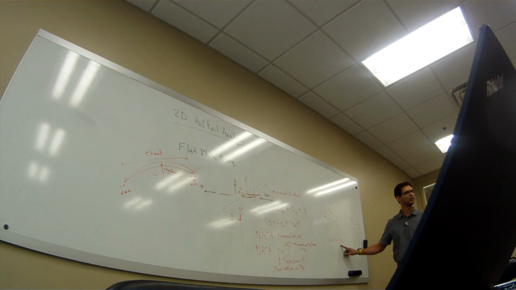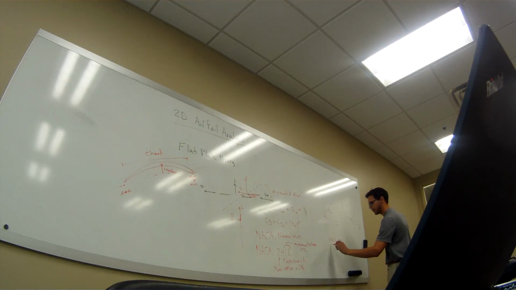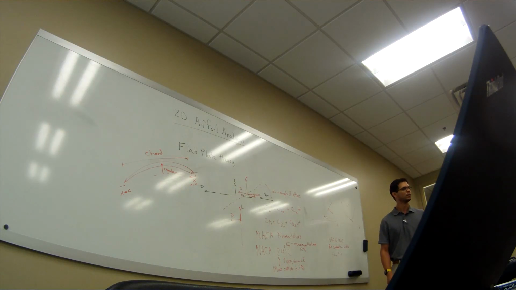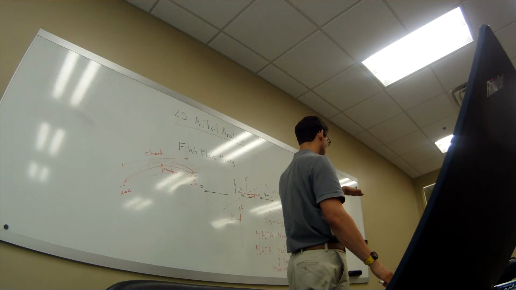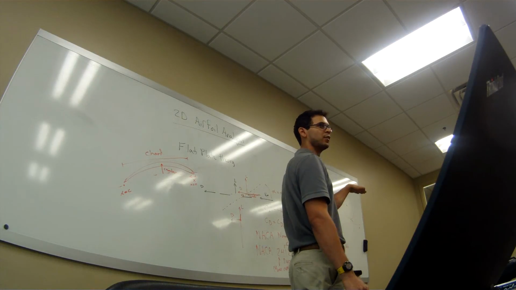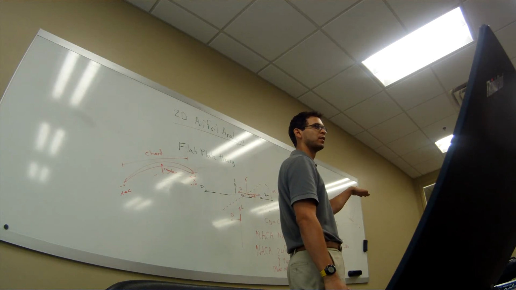The other thing that's really neat about symmetric airfoils is that for symmetric airfoils, CL0 is 0. So if I have a symmetric airfoil and I'm flying and my angle of attack is 0, I will generate no lift.